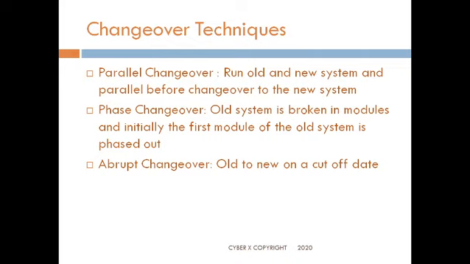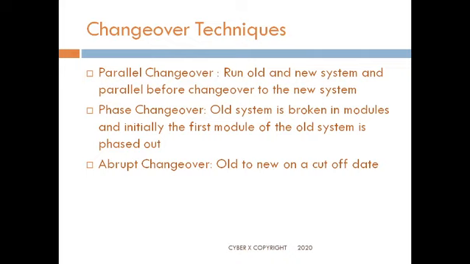So there are three, not three, there are more. There are some changeover techniques. Basically there are these three mentioned here, but you could have further refinements of all this. So a parallel changeover where you would actually be running the old system as well as the new system, and you would slowly change over from the old to the new.